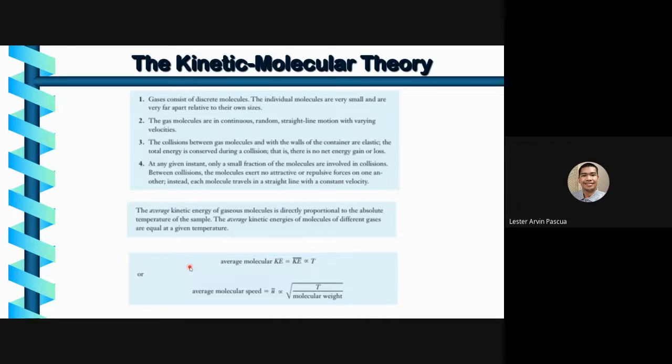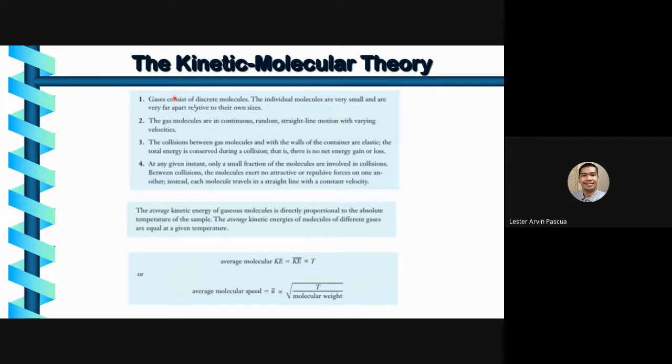So, ang kinetic molecular theory, ano lang naman siya? It's also just a theory. It's trying to come up with a way to explain how your gas atoms are moving about in your container. So ito yung mga theories niya, no?